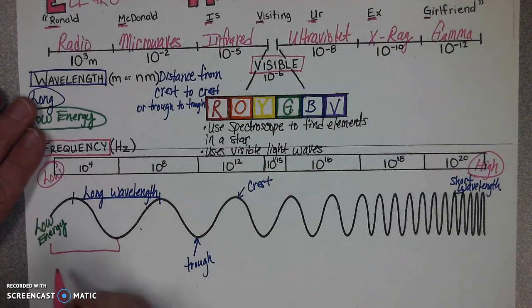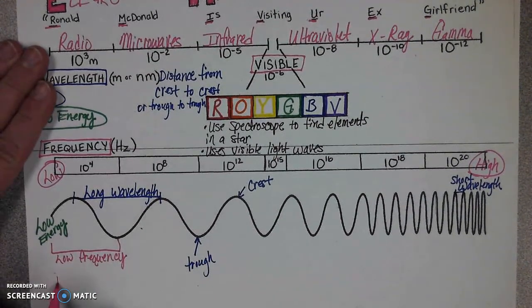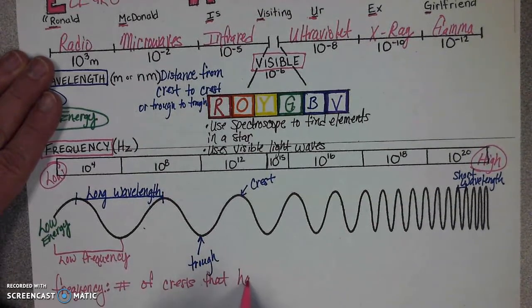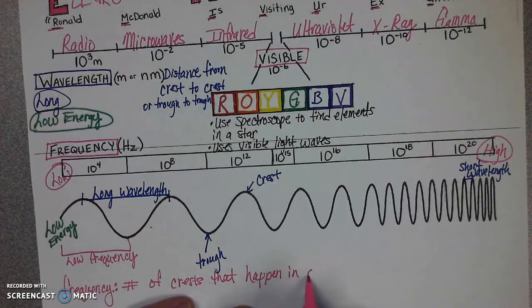And I want to talk about what this actually means when we're talking about a frequency. So frequency is just the number of crests that happen in a time period.